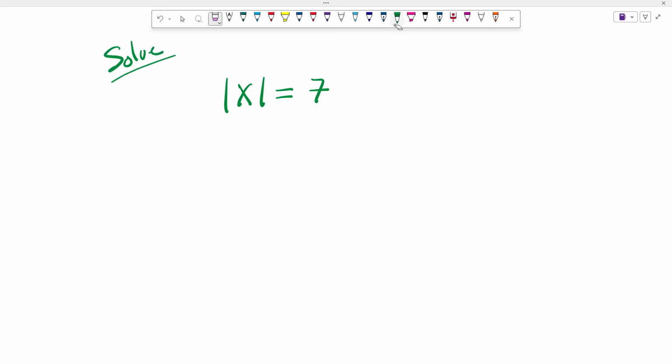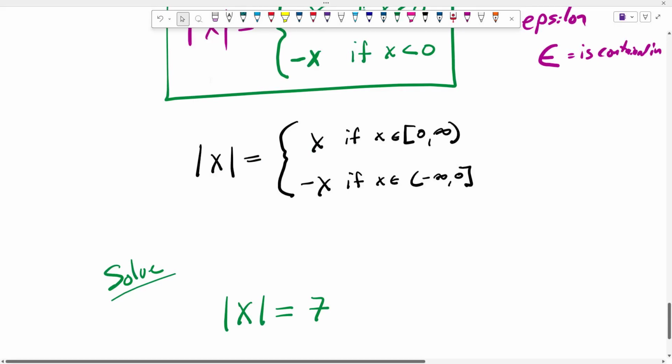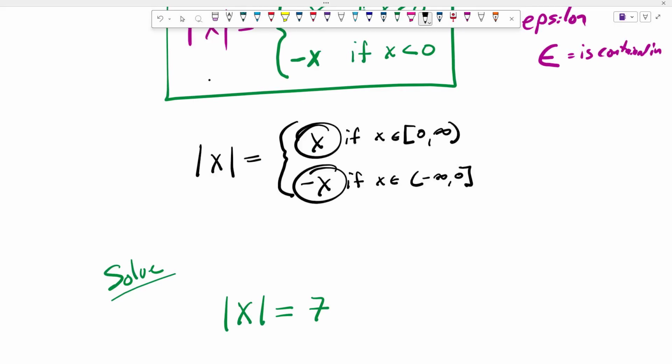So if x is less than 0, what does the absolute value of x equal? Since x is less than 0, we're in this piece.